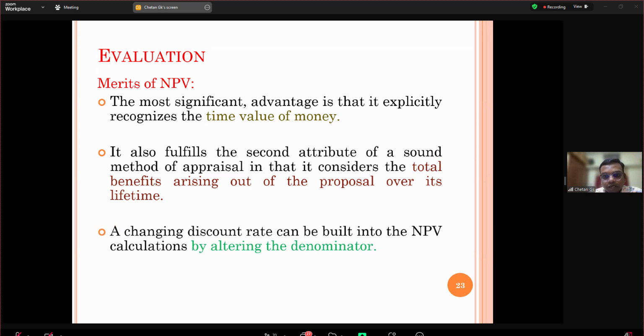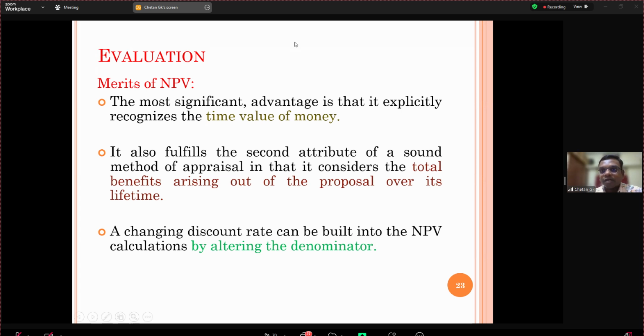A changing discount rate can be built into the NPV calculation by altering the denominator. What if the project has a 15-year time horizon? In those 15 years, your WACC can change, right? So you can build that into the denominator itself. You can change the WACC for the next 5 years, if you feel so.